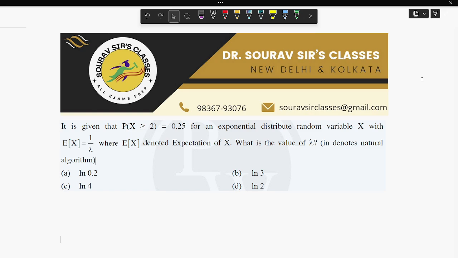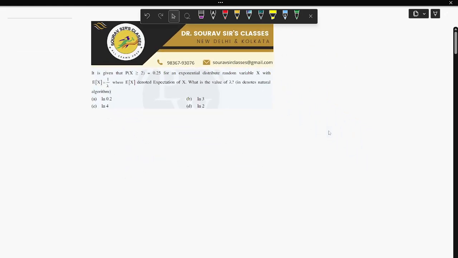So we are given that x is an exponentially distributed random variable with expectation of x equal to 1 by lambda, where lambda is the rate parameter, and the probability that x is greater than or equal to 2 is 0.25. Now we need to find the value of lambda.